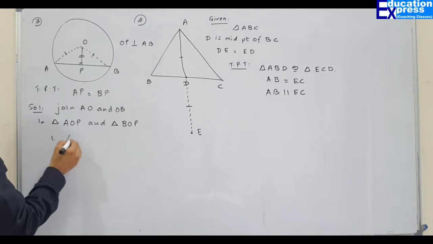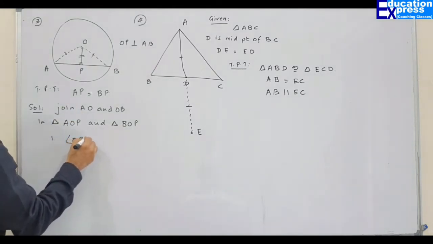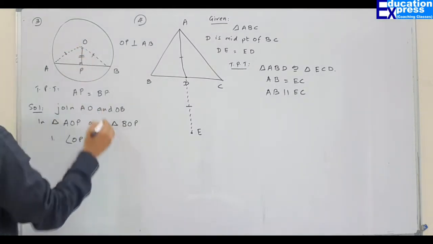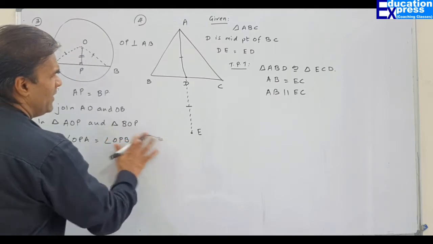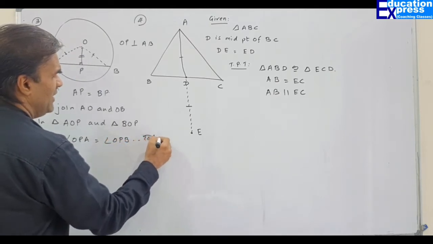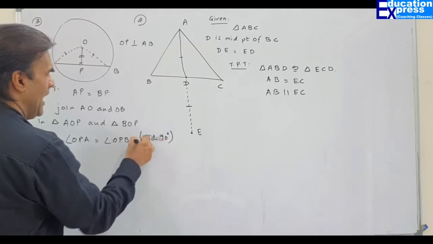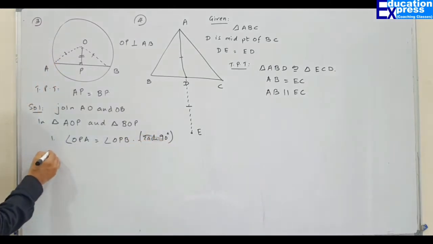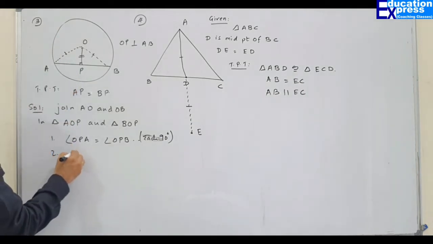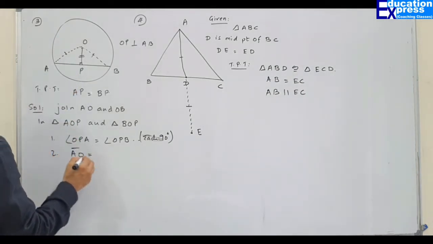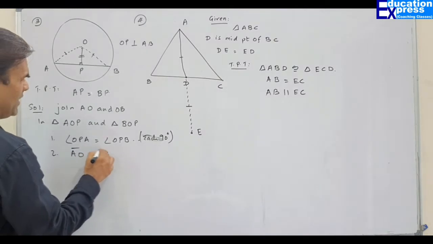RHS test. So can I say angle OPA will be equal to angle OPB. Reason? Sir, each angle is 90 degrees. Absolutely perfect. What about the second reason? Sir, can I say hypotenuse, that means side AO equals side OB. Any reason?